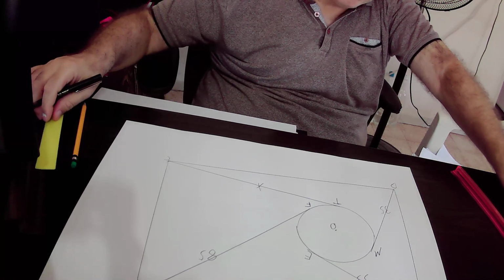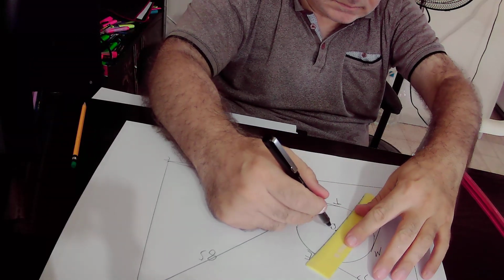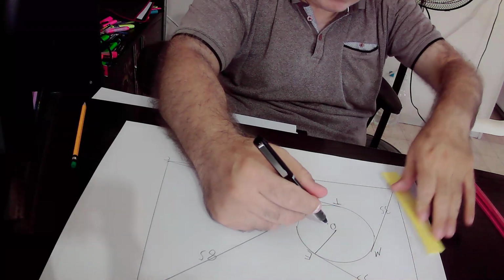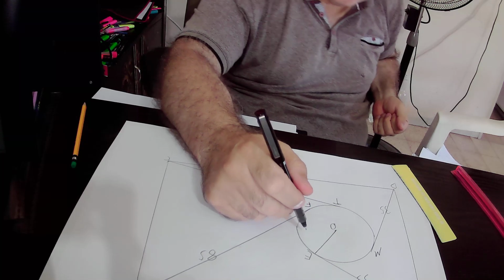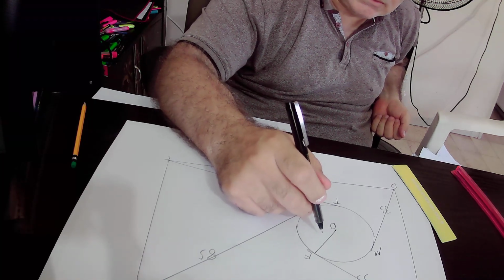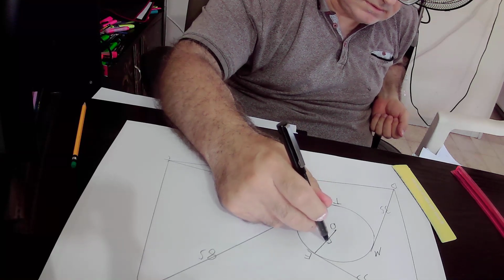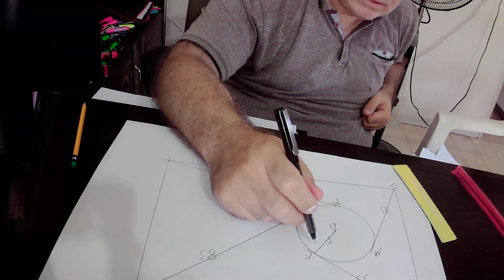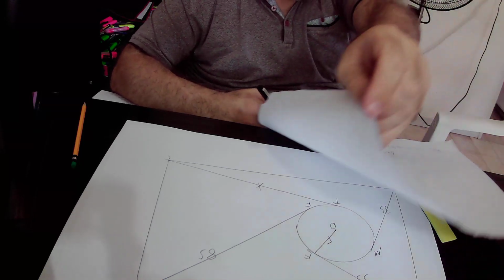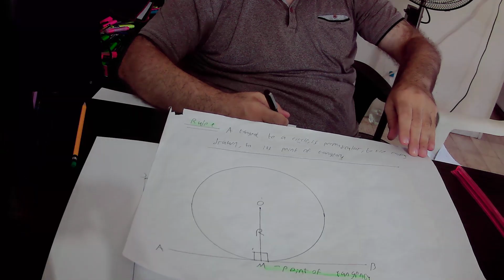We join points O and E together by a straight line. Point O is the center of the circle, point E is the point on the circle itself. Therefore, OE is the radius of this circle that we define as R. And we have the radius OE that is drawn to the point of tangency. Therefore, according to rule number 1, a tangent to a circle is perpendicular to the radius drawn to its point of tangency.